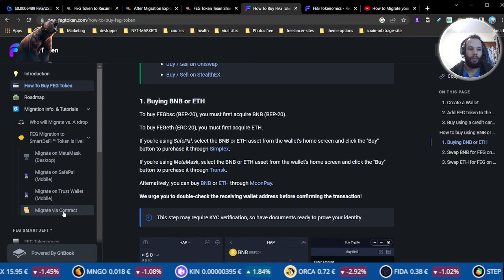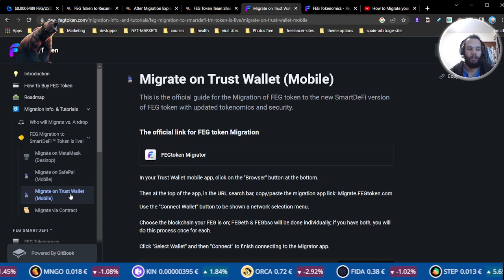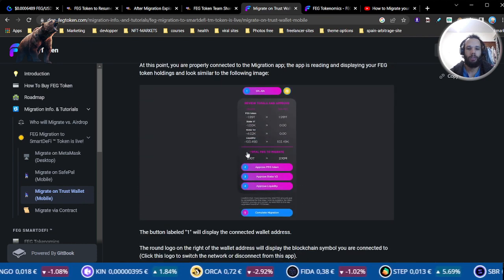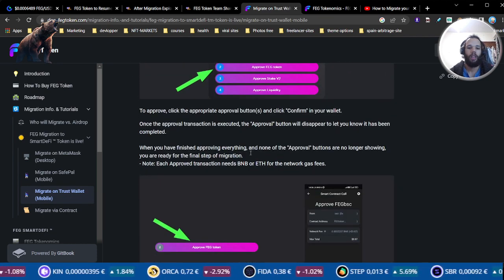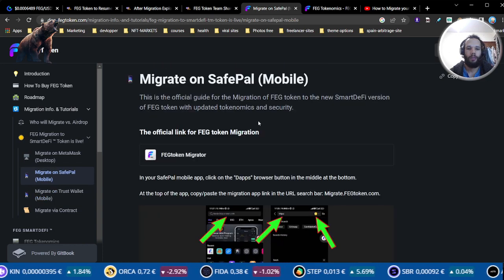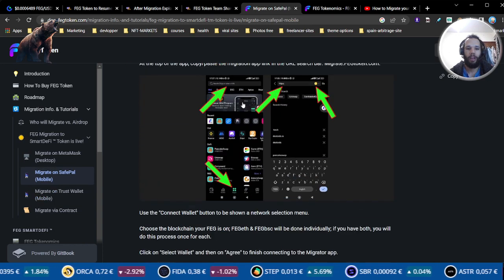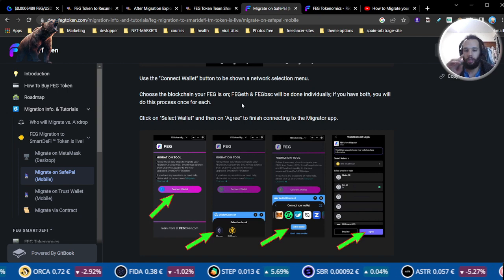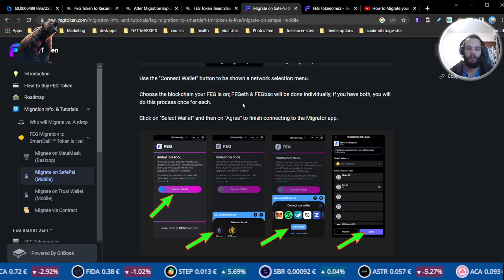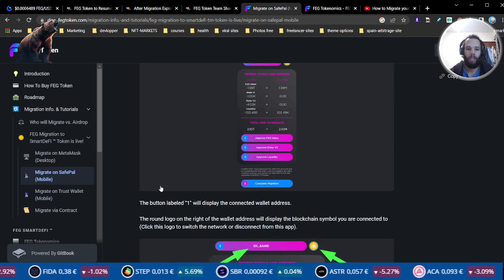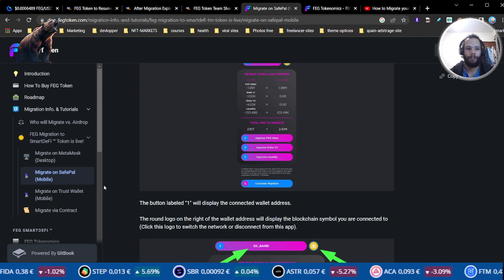The same goes for people that want to migrate to Trust Wallet. Here is also all the information needed. Same thing for SafePal, if you're holding a non-custodial SafePal wallet. So this is how you can do the migration.